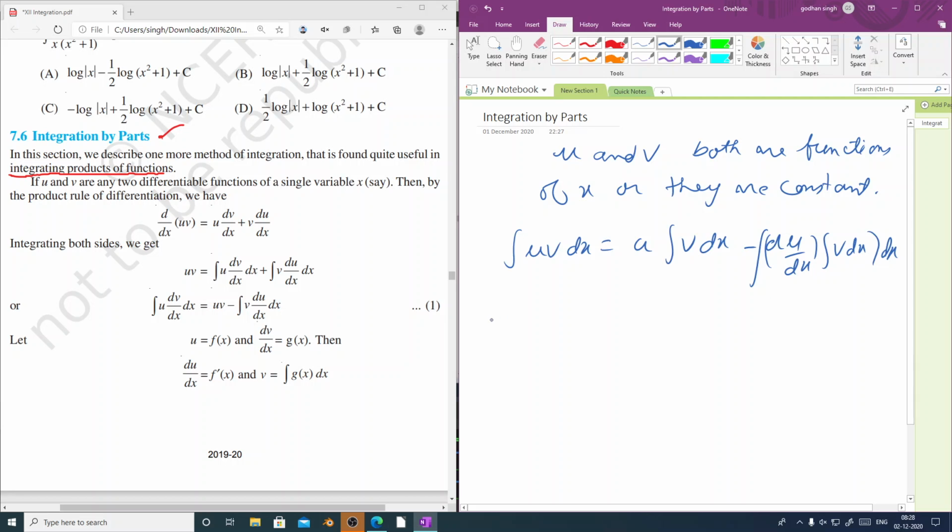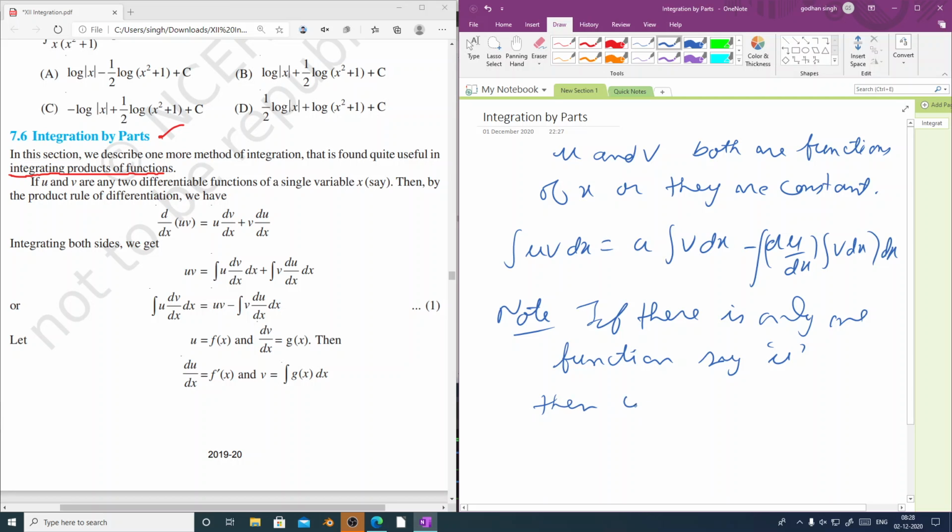And suppose sometimes there may be only one function. So, note, if there is only one function, say u, then we take the second function v equal to 1.